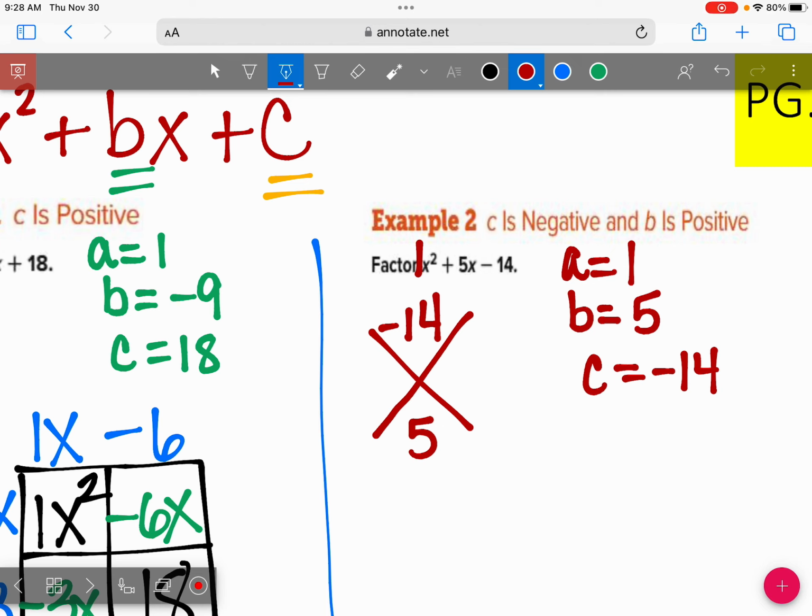Don't say it out loud. Find my two numbers. Two numbers that multiply to be -14 and add to 5. So write it, and we know that they're going to have opposite signs. They're going to have different signs.